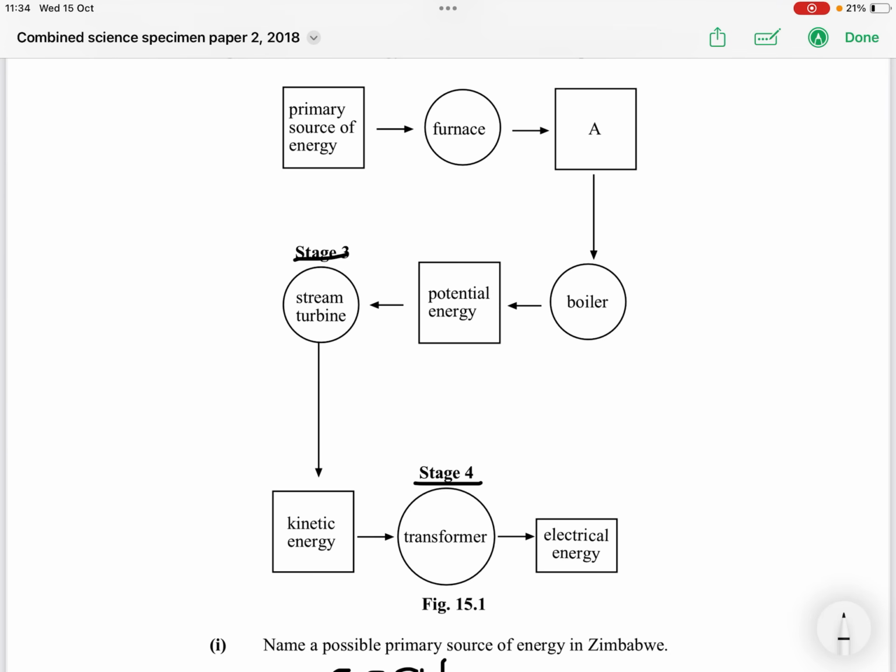So we are saying in stage number 3, the steam turbine uses the heat source in order to heat water to extremely high temperature until it is converted to steam. So the heat energy of steam is then converted into the mechanical energy. Transformer converts the generated electricity to a higher voltage, making it possible for long distance distribution. So that is what we are required to explain on part 4.